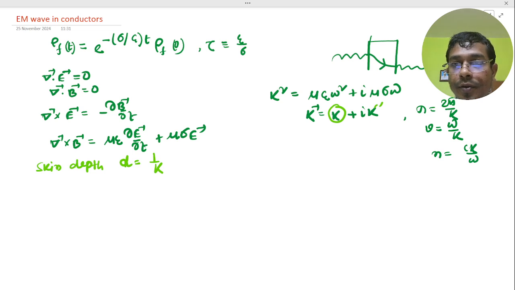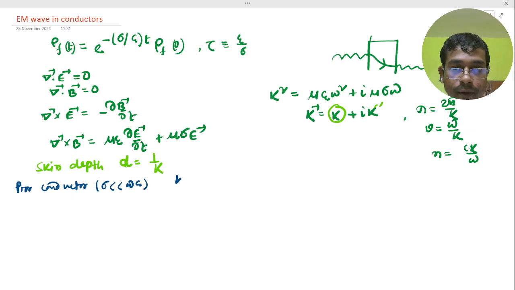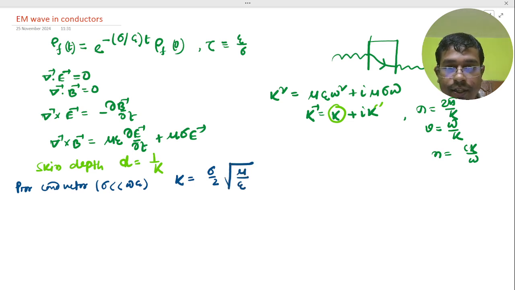For a poor conductor, where sigma is less than omega epsilon, k must be sigma by 2 root over mu by epsilon. In the JEST exam, this formula comes as one type of exam question.